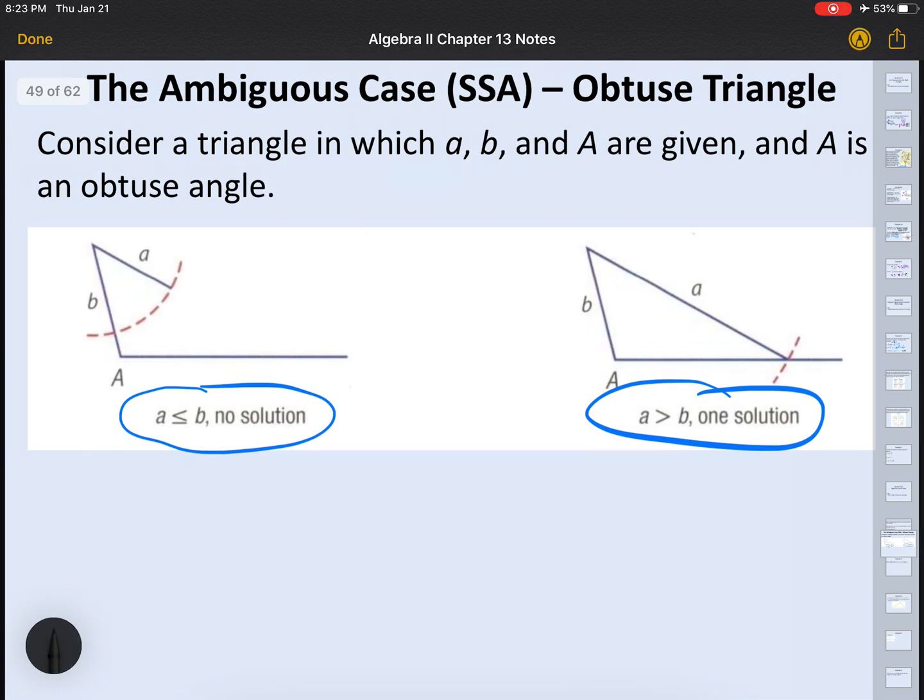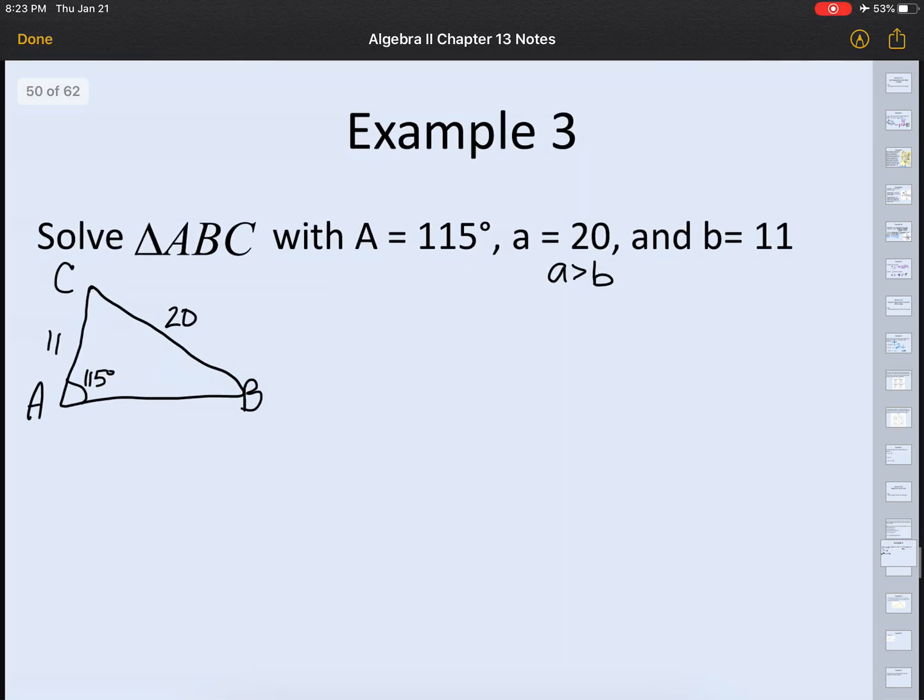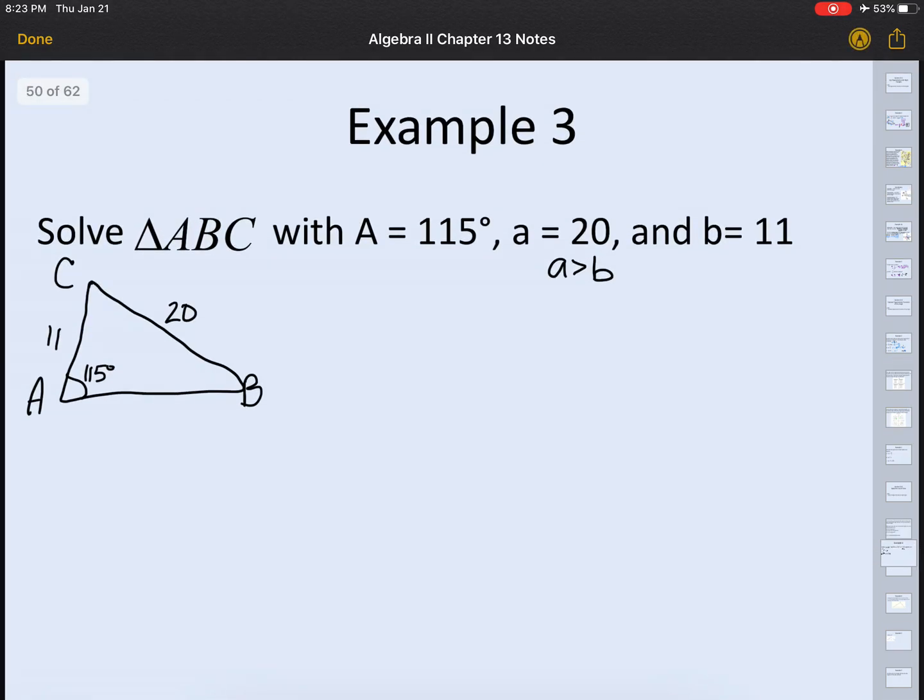Well, that's going to be this case. Since a is greater than b and the angle A is obtuse, we're going to have one solution in this example. So this should only have one triangle, I mean.